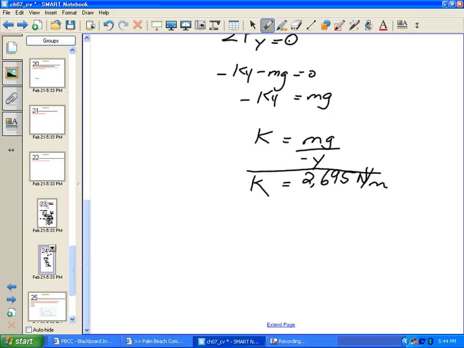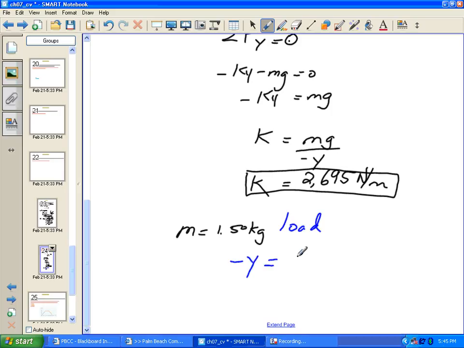In the second part of the problem, we're told if instead, for that same spring with the spring constant which has just been determined in part A, we use a 1.5 kilogram load or mass, determine what the value of y would be. Well, here we're going to just take a reversal and solve for minus y as mg divided by k.